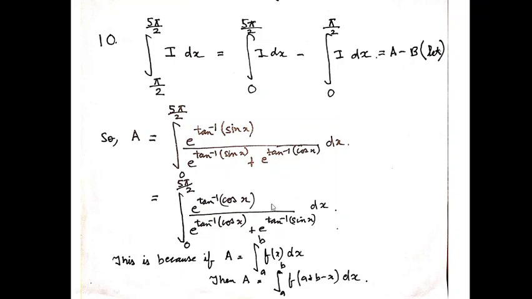Adding them, we see that this integral plus this integral is 1. Look at it carefully. You'll see that this becomes the common denominator and the numerator cancels out.